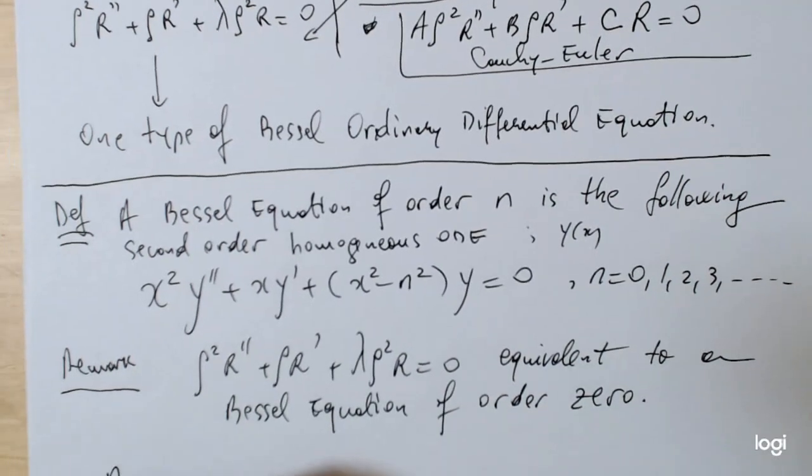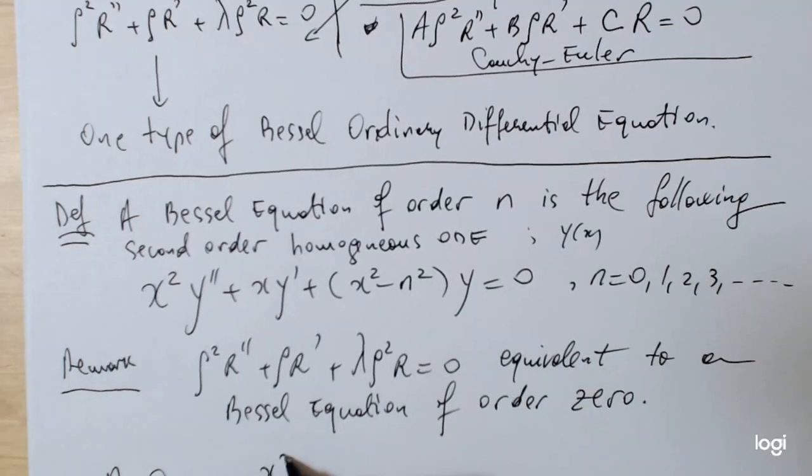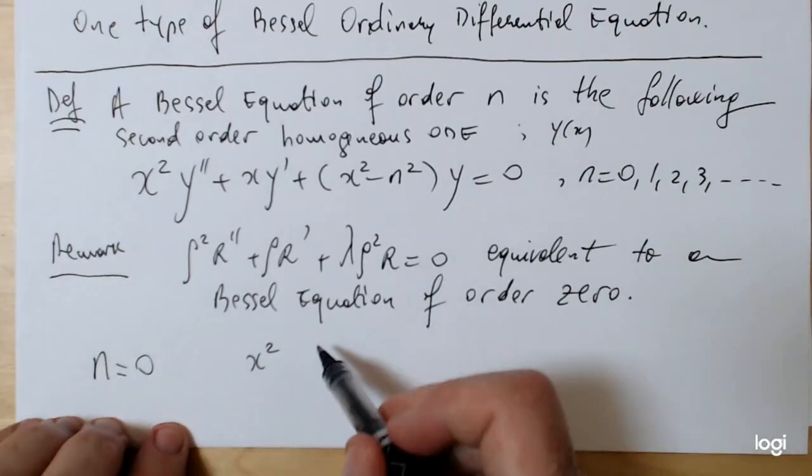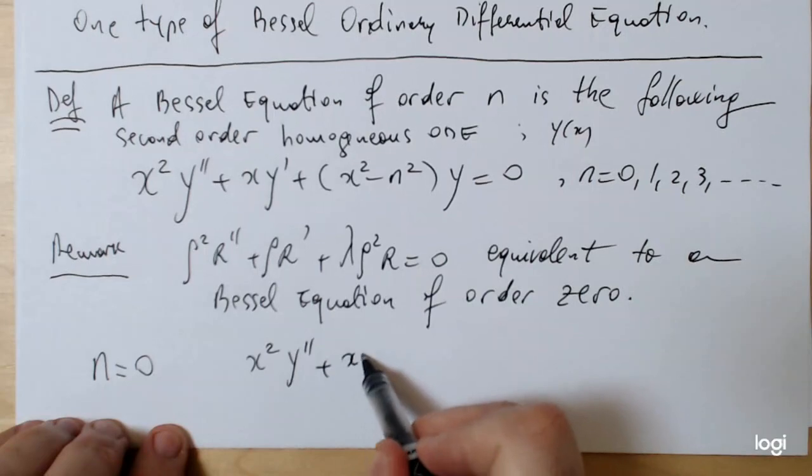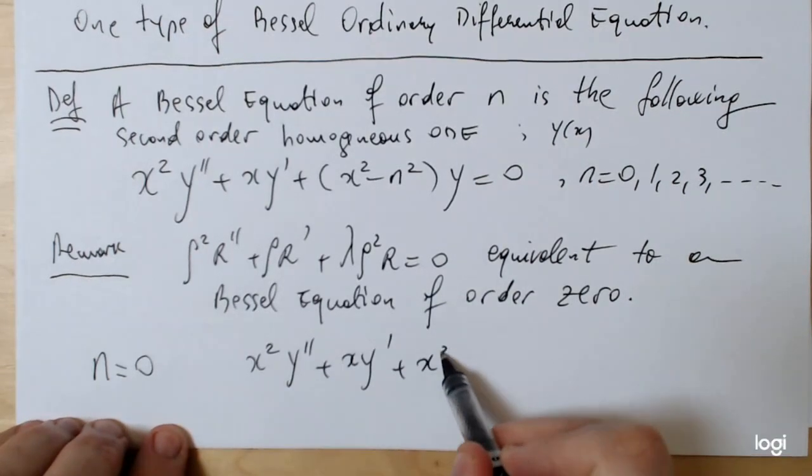So in other words, when n is equal to 0, the Bessel ODE has this specific format.